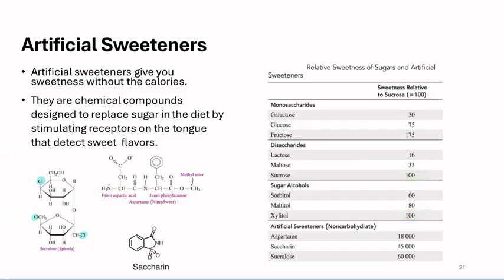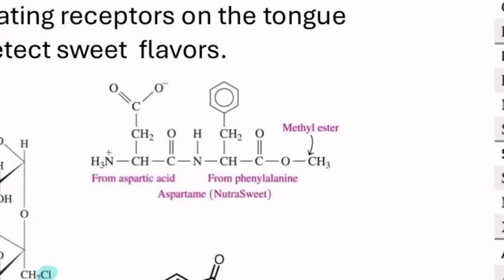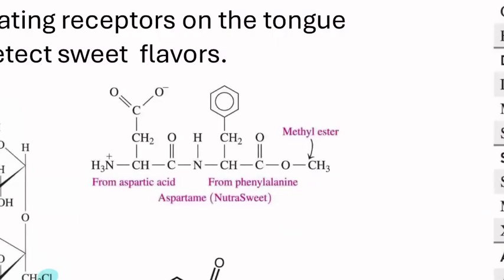Moving right on. The next one that I want to introduce to you is aspartame, whose marketing name is NutraSweet. We can observe that aspartame is not carbohydrate derived because aspartame comes from linking together two amino acids. When we look more closely at the structure, the two amino acids present in aspartame are aspartic acid and phenylalanine.